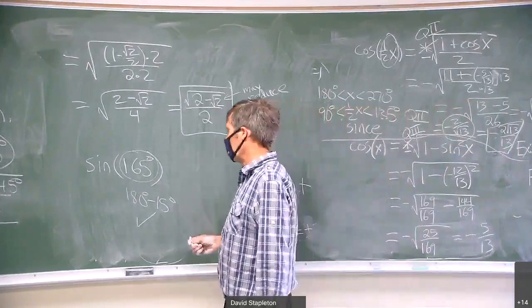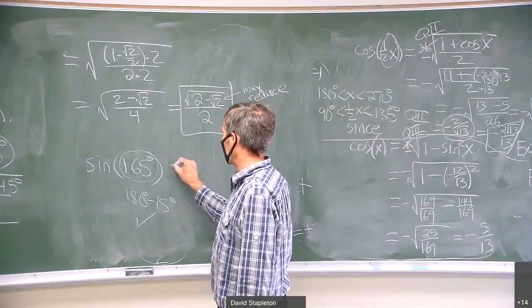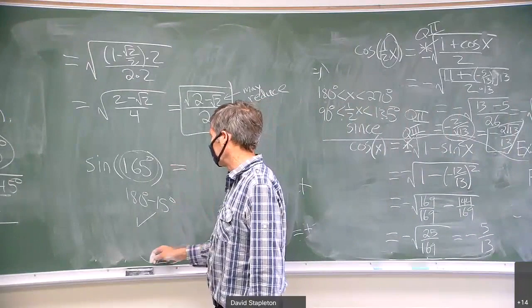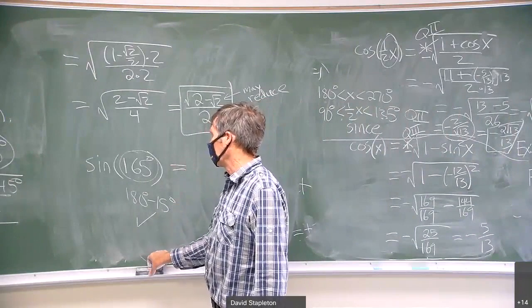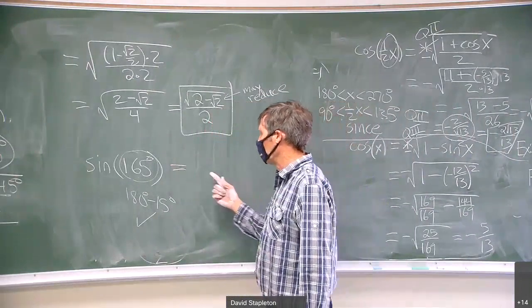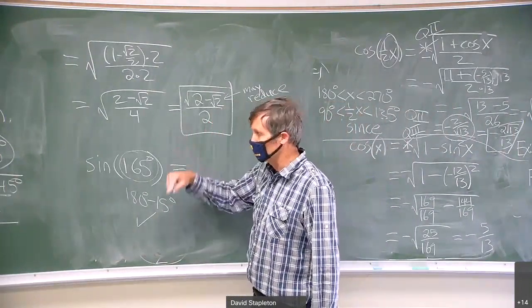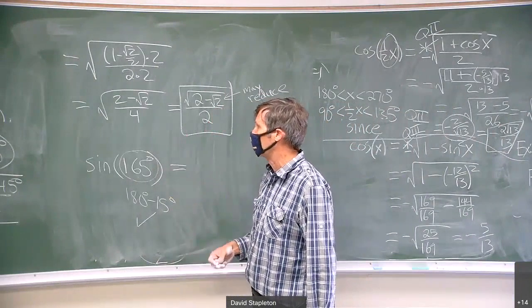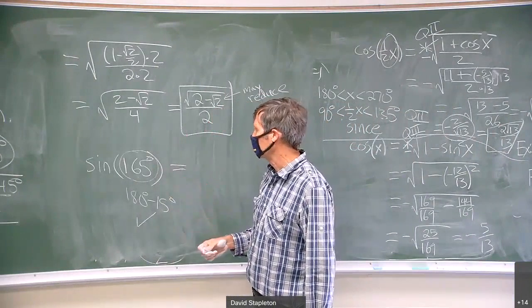It turns out that all multiples of 15 degrees are half of a special angle, so you can also use the half angle identity for them.